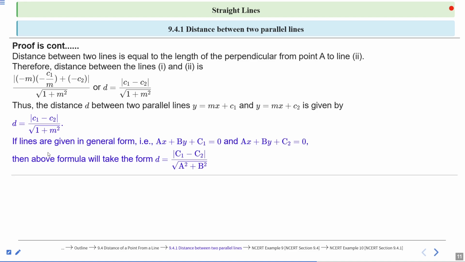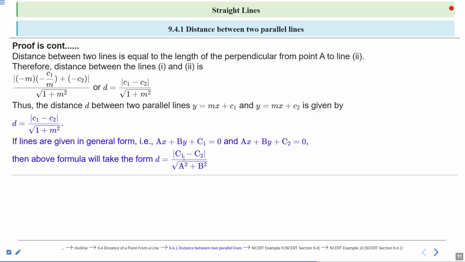So if lines are given in general form, okay, so we have taken here the equation of the line y equal to mx plus c1 and y equal to mx plus c2. Okay, and if we now take the equation of the line in general form, then here we can take ax plus by plus c1 equal to 0 and ax plus by plus c2 is equal to 0. Then this formula will take the form d equal to basically modulus of c1 minus c2 divided over square root of a square plus b square.